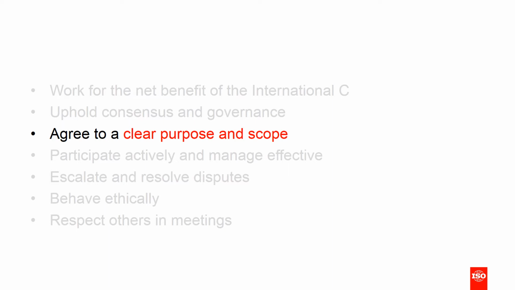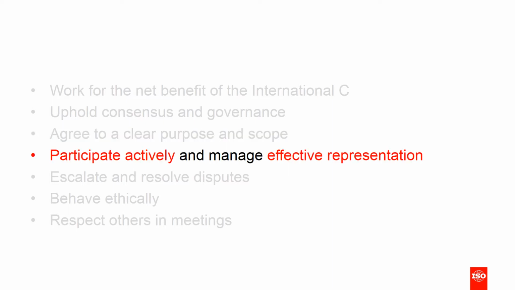We agreed to participate actively and to manage effective representation through the official procedures in accordance with the ISO and IEC directives. So in Unit 2, we saw who are the different people sitting around a technical committee and how these people are appointed.